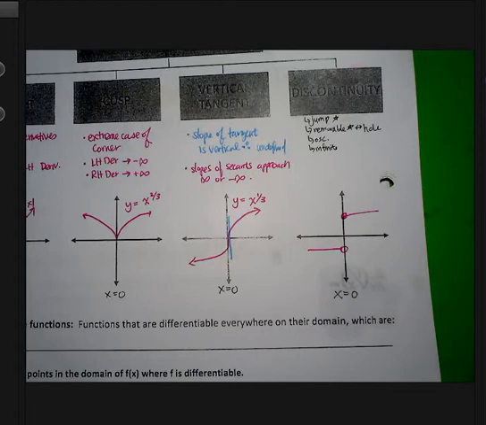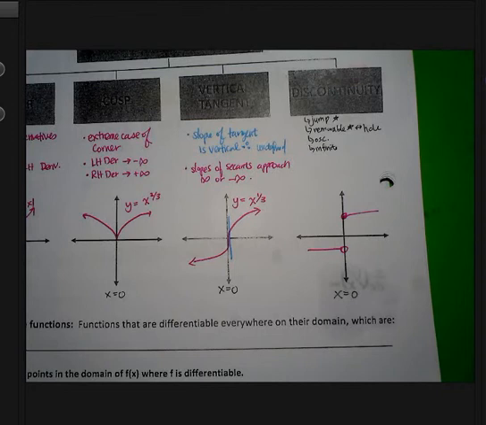So what if the graph is like this? If this is x equals 2, what's the derivative? I don't know, right? So obviously if there's a hole or a jump, then we cannot have a derivative, right? Does that make sense? Robert, does that make sense? No. Well, obviously. Yeah, you missed it.